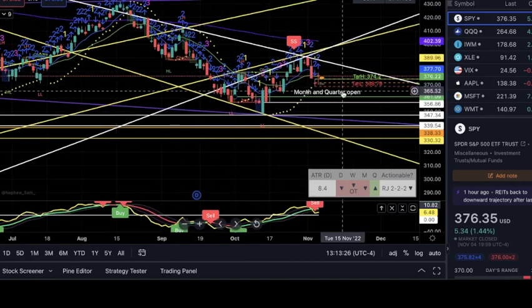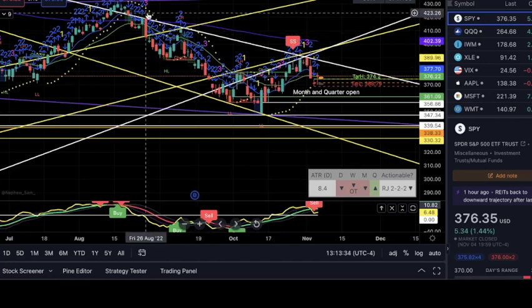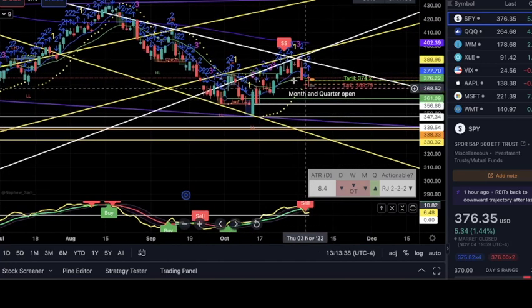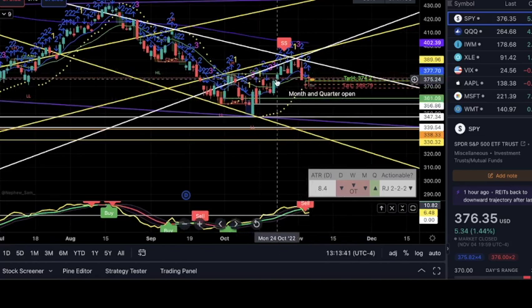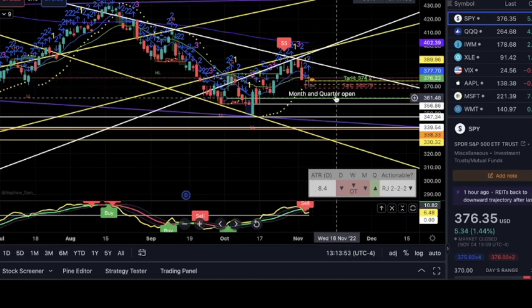I updated my broadening formation to where I still feel like it broke above the short-term downtrend it had, but this long-term downtrend is still in effect. It's still rejected there, and it really invalidated this inverse head and shoulders. I said 360, but because it went into effect, once it broke this 375 area, it's back in that downtrend.